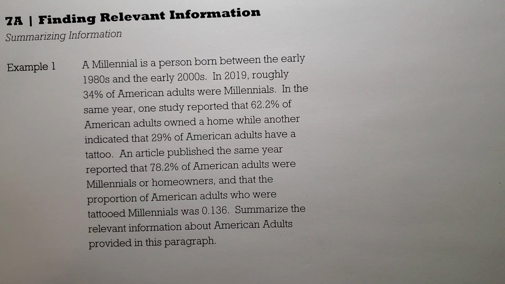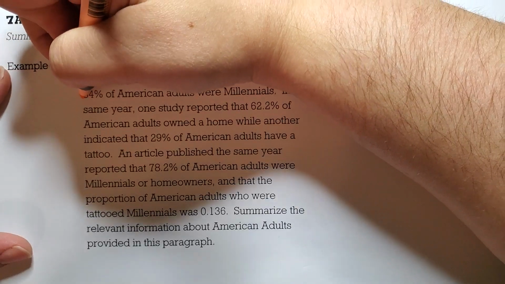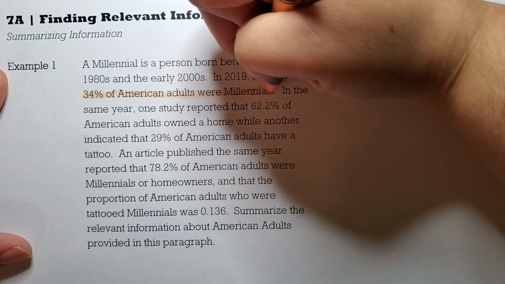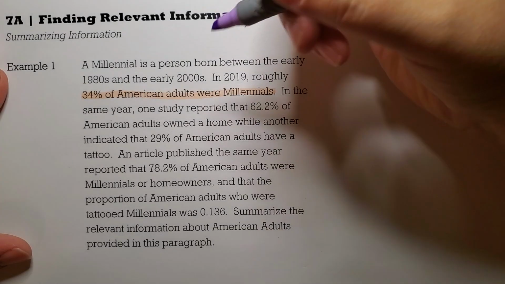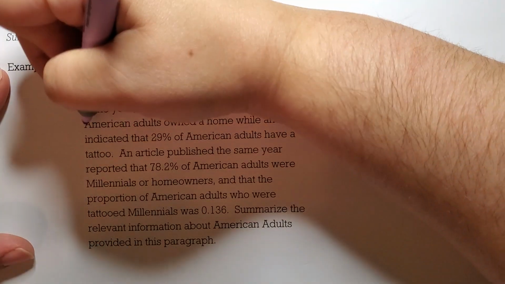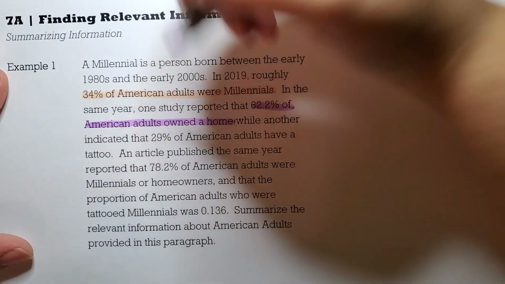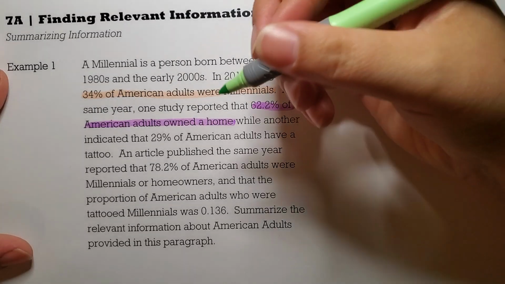Okay, so as I was reading through, there's some stuff about millennials, some about owning a home, and others with a tattoo. So I might do something like 34% of American adults were millennials. Let's see, we've got owning a home. And then tattoo.